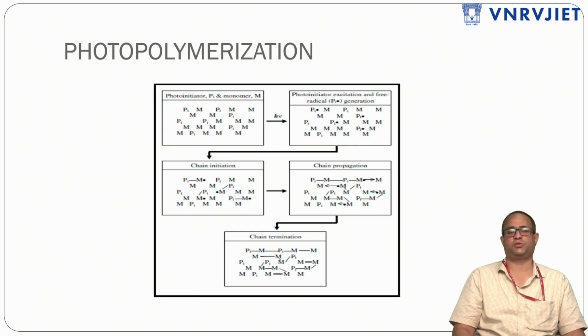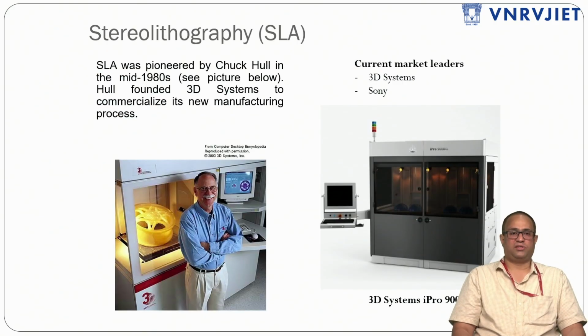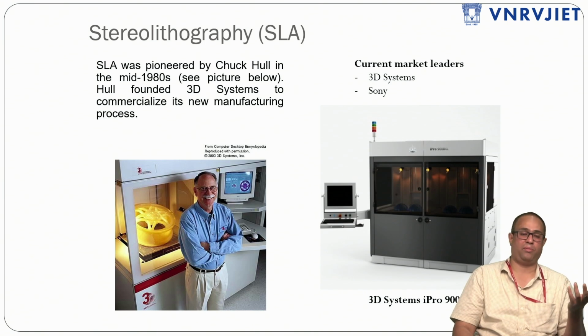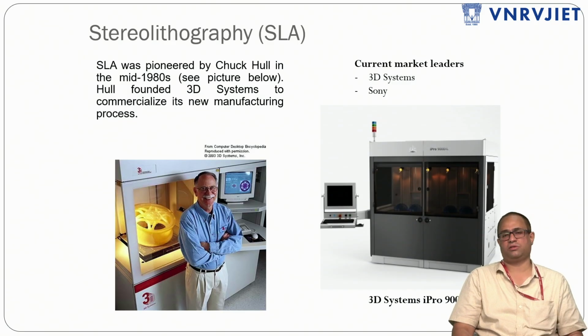This is very important, especially in liquid-based AM processes. As I told you, Chuck Hull is the key person who invented SLA in the mid 1980s, which was founded by 3D Systems. 3D Systems is a famous US-based company, and right now 3D Systems and Sony are the manufacturers of the SLA process.